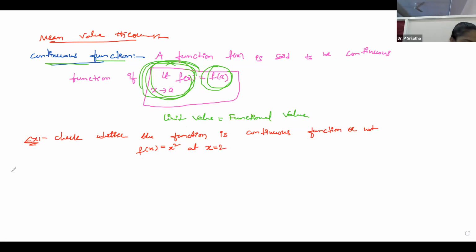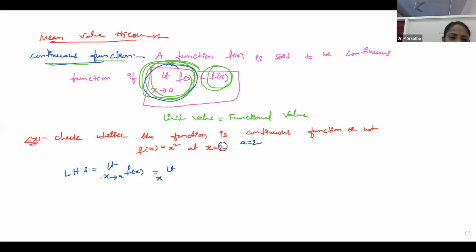So here I am taking LHS. According to our formula, limit x tends to a of f of x is our LHS. We know that the x equals a value here is 2, a equals 2.